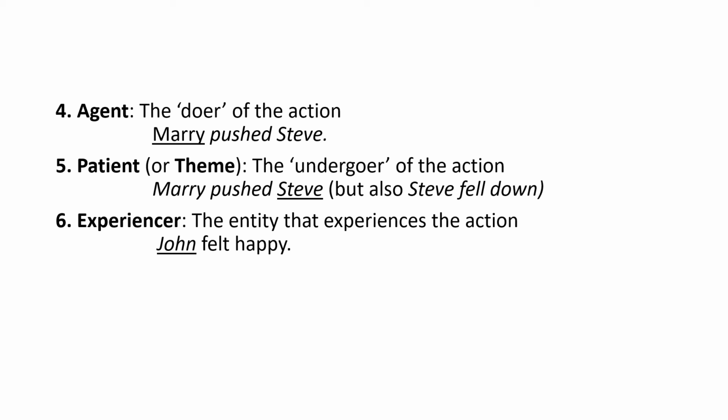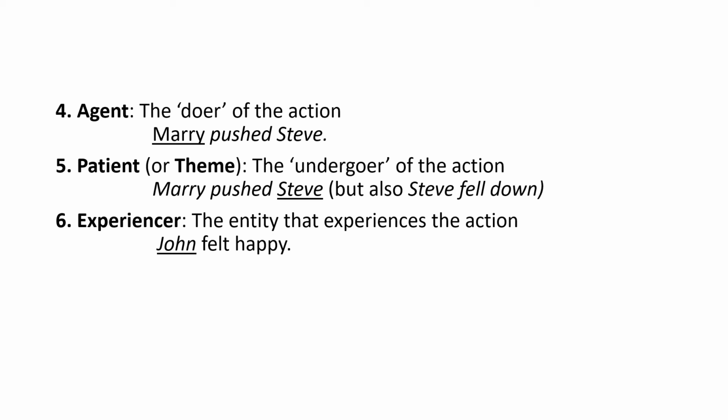Like Mary pushed Steve, and Steve fell down as a result of the action, and he was affected. If Mary pushed Steve, he will fall down. So in this way we can understand the patient is the object, and the agent is the subject of the sentence.